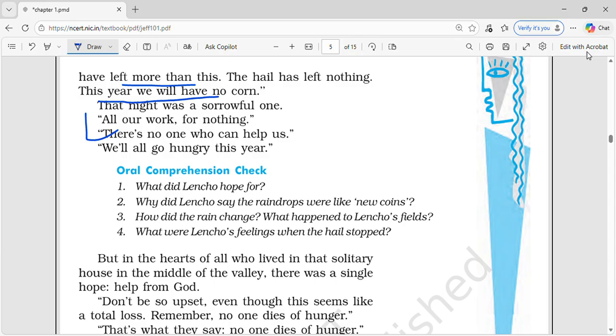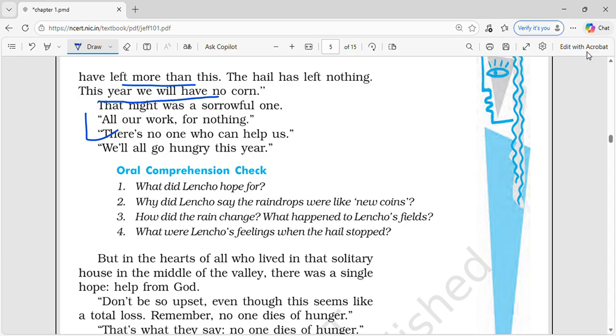Okay, so what did Lencho hope for? He hoped that because of the rain, his corn and whatever the field needed, water, for a good harvest, would be there. Next, why did he say that the raindrops were like new coins? Lencho had compared the raindrops to new coins. Why did he do that?